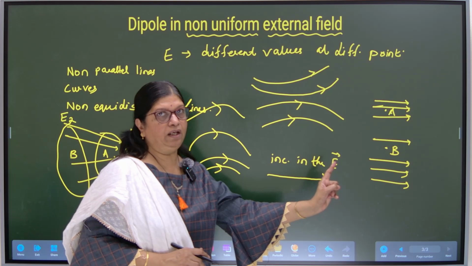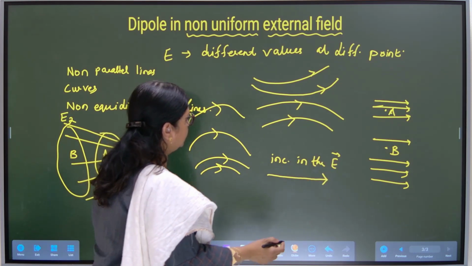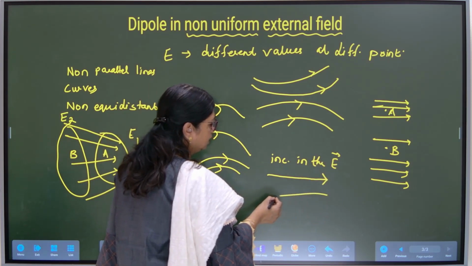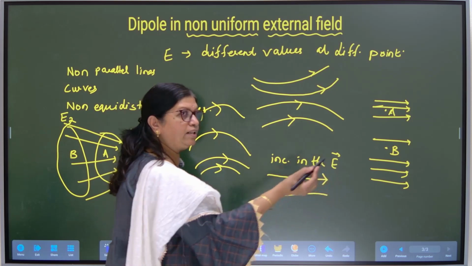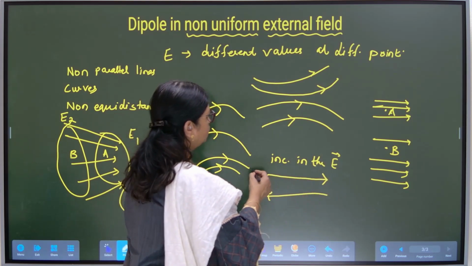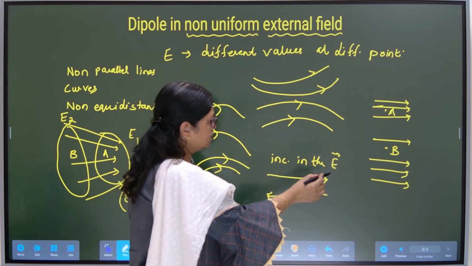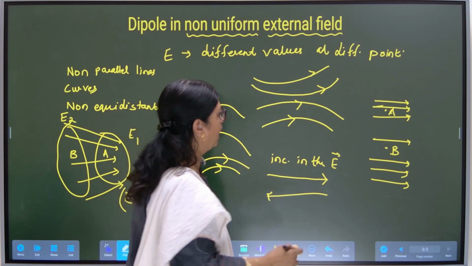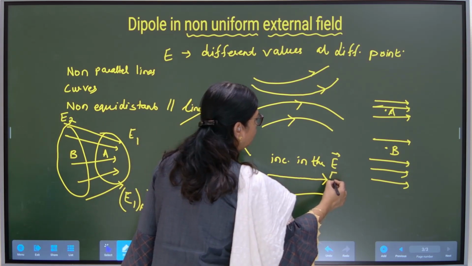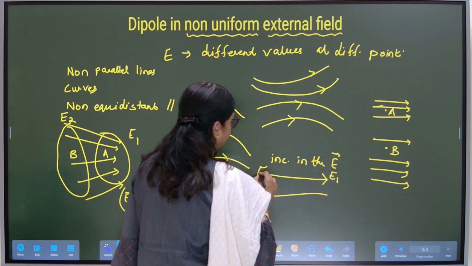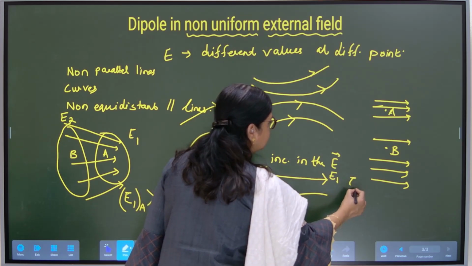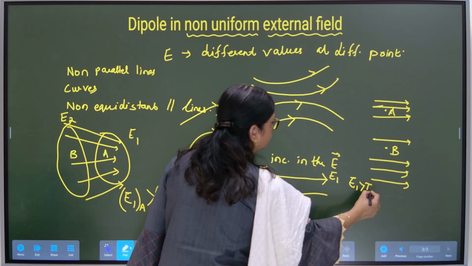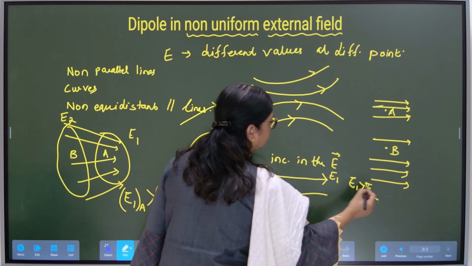Fine? Okay. So for the direction of decreasing electric field, this way it is increasing, but this way it is decreasing. In this diagram also, in this way it is increasing and this way it is decreasing. Suppose I say the value here is E1 and here the value is E2, then in this case E1 is greater than E2. Fine?